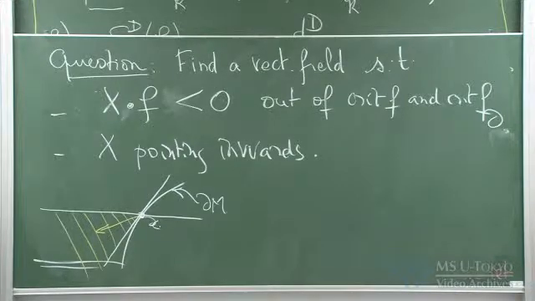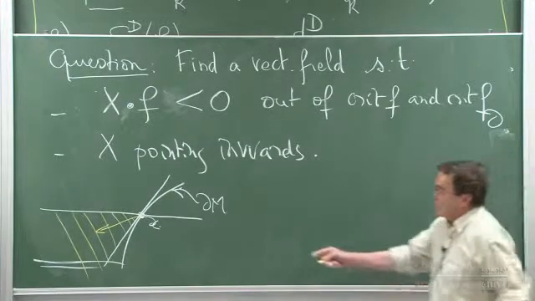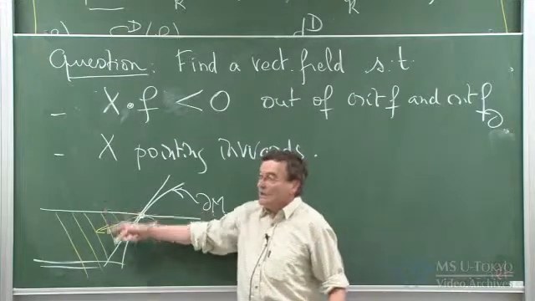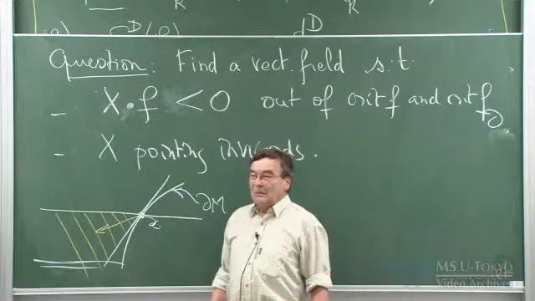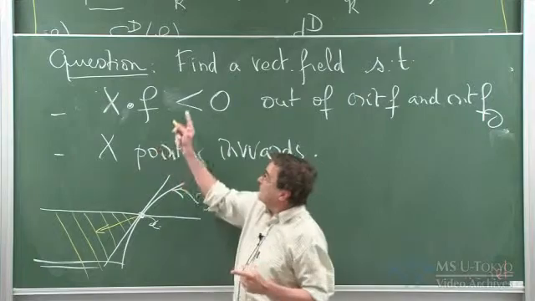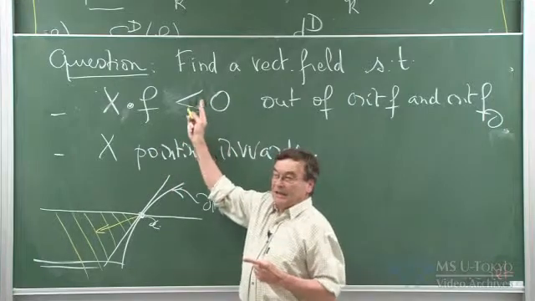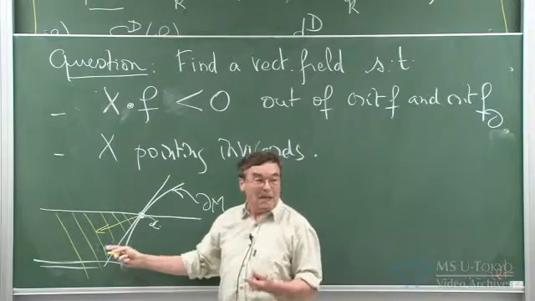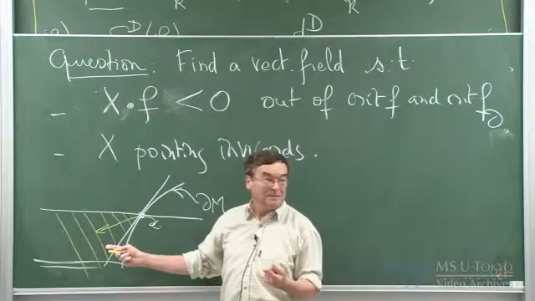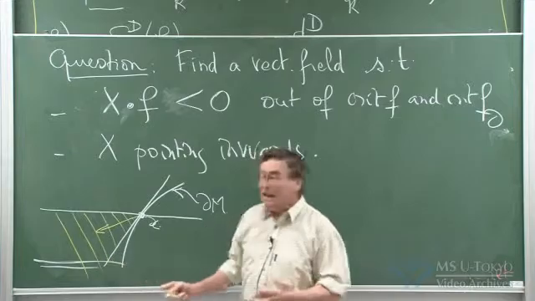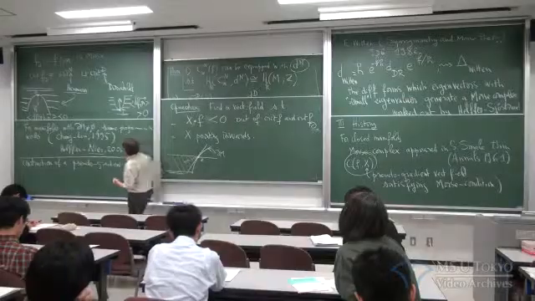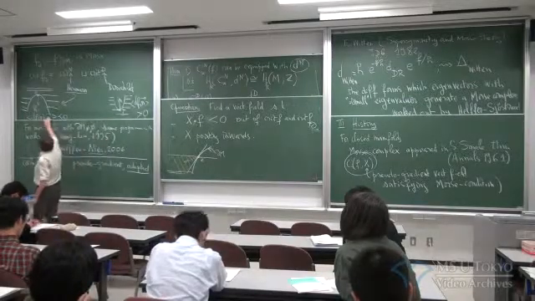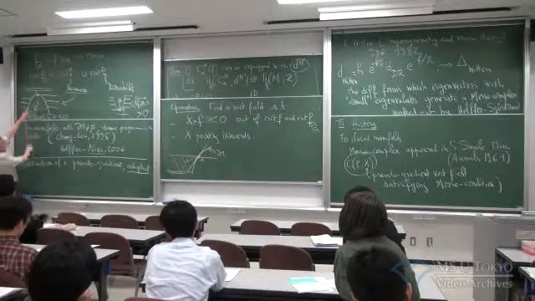In general, you have room here. But there is an obstruction for this problem. It is exactly the points where the cone has an empty interior. And the cone has empty interior exactly at this point.